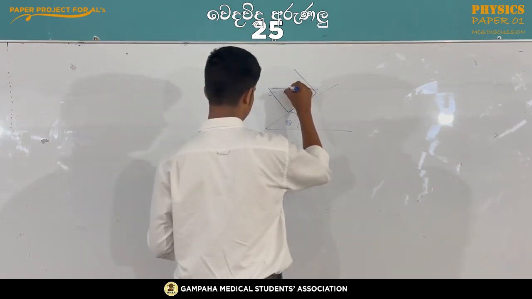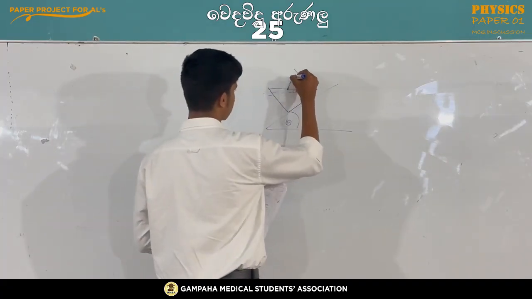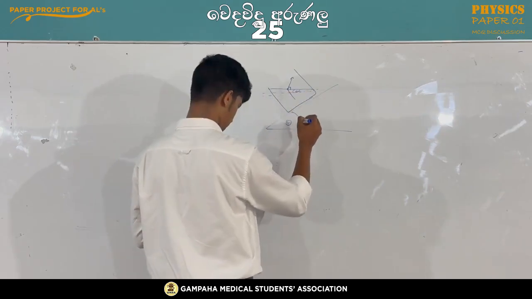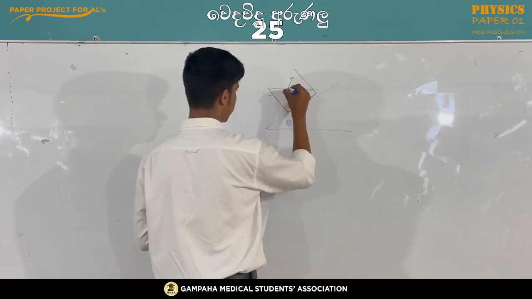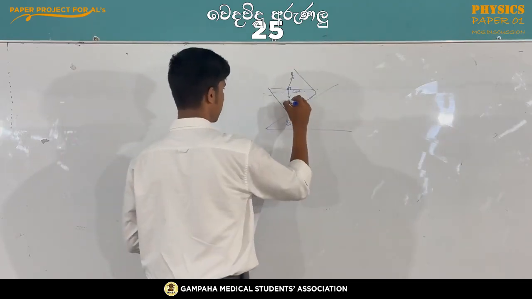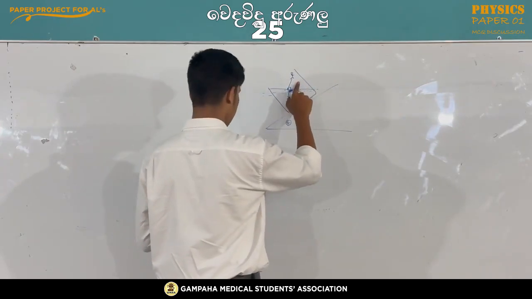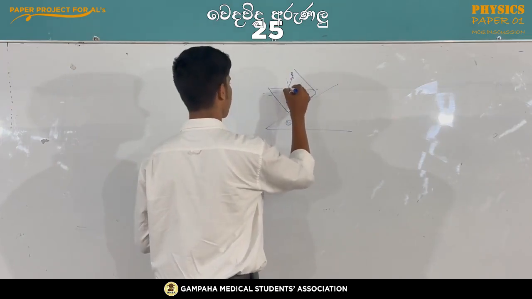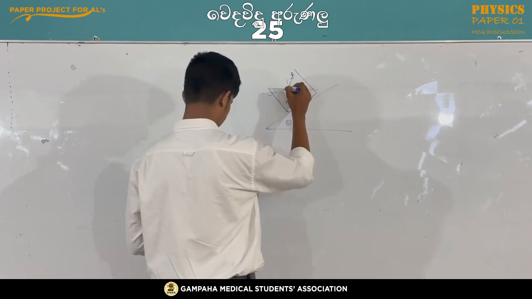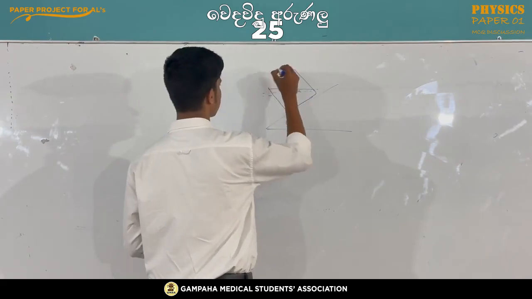Then if you consider a water particle placed here and take its forces, there is a normal reaction R towards this side, which is perpendicular. Then its weight mg will be straight downwards. So here this is 90 degrees, 90, and this angle is equal to alpha.